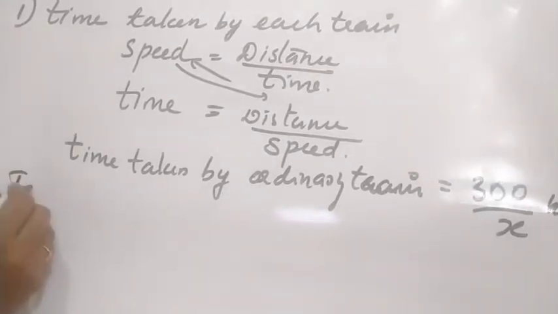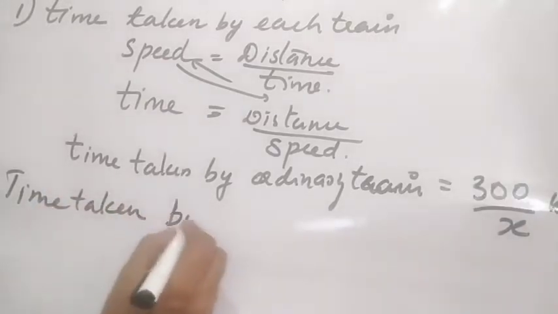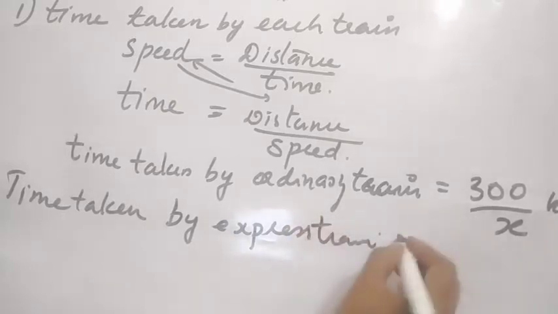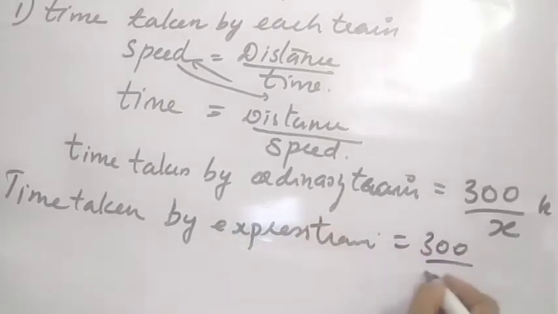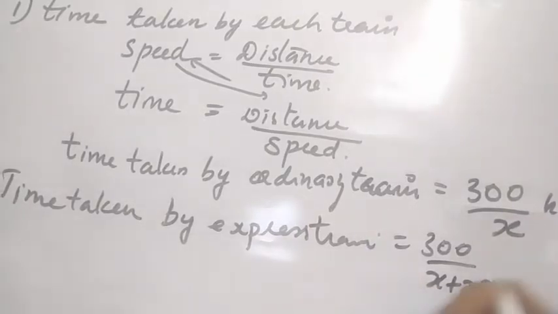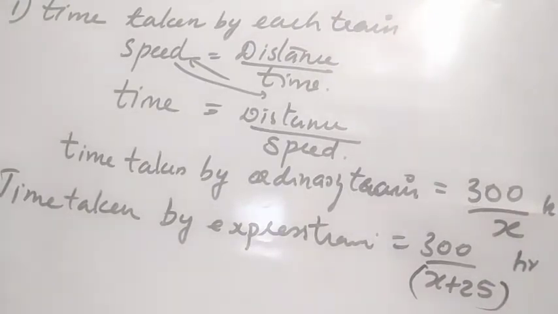And what is the time taken by the express train? For the express train, it's 300 by x plus 25. 300 is the distance covered and x plus 25 is the speed. So the time taken by the express train is 300 by x plus 25.